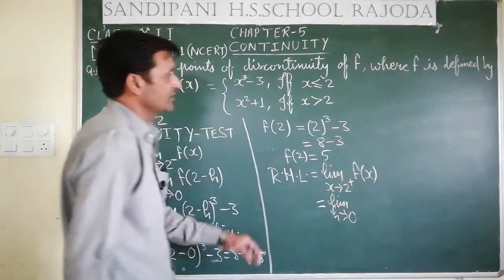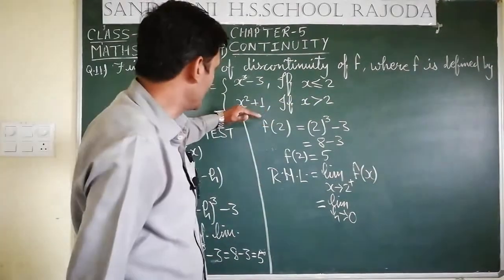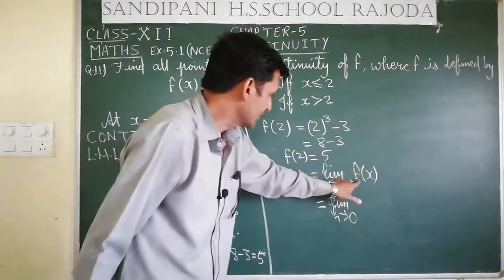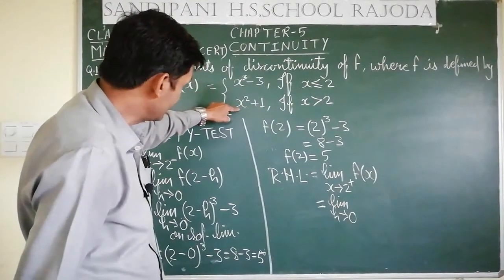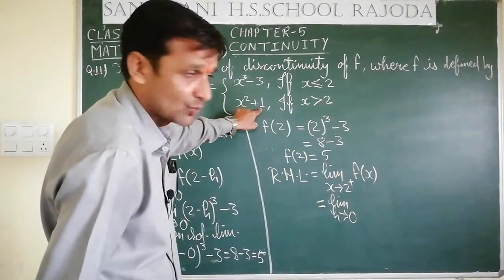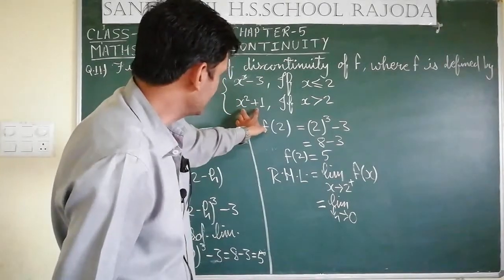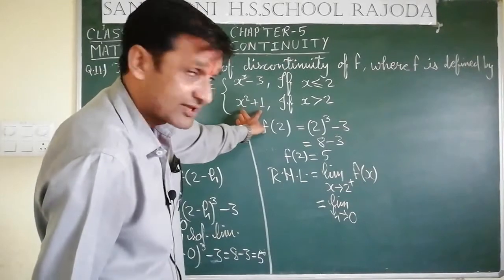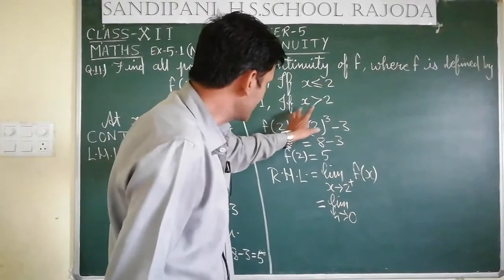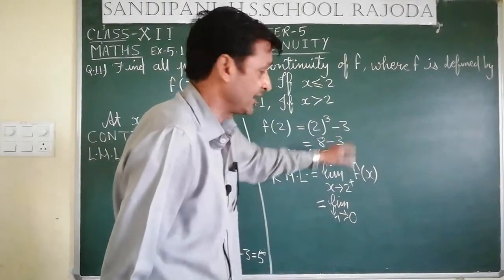For 2 plus, meaning for greater than 2, we have to use the part of the function given as x square plus 1, because in front of x square plus 1 it is mentioned that x is greater than 2.